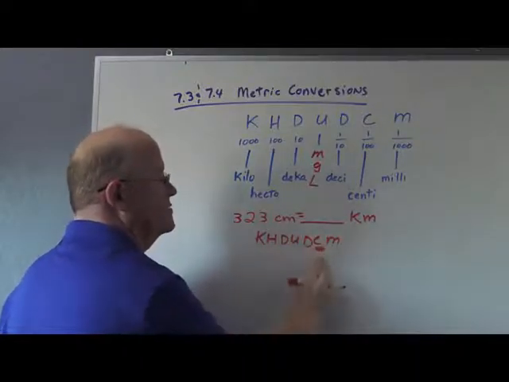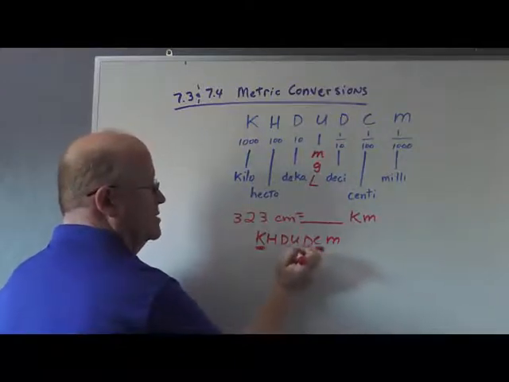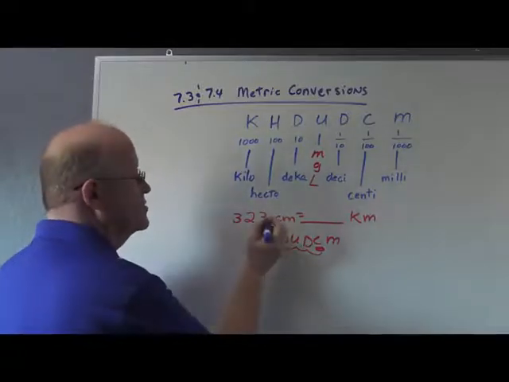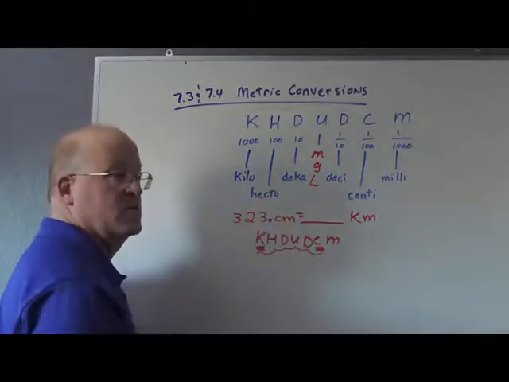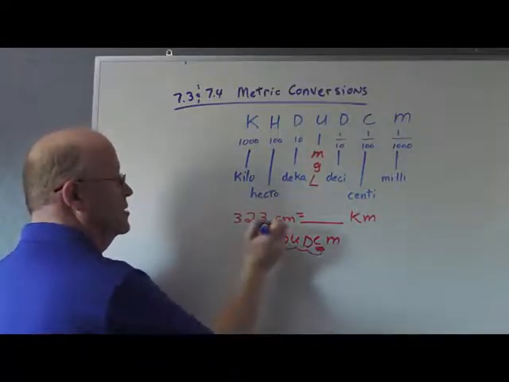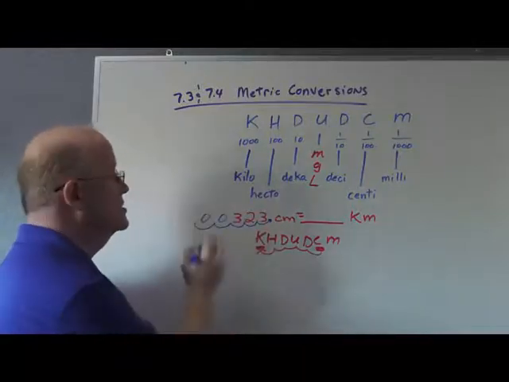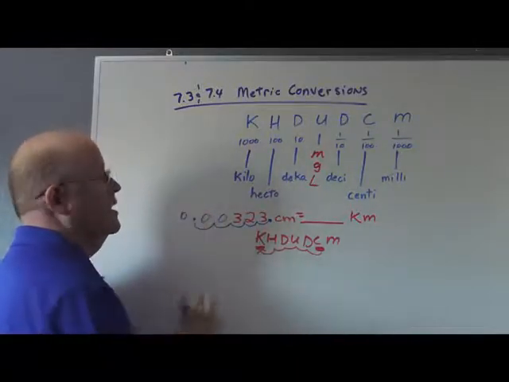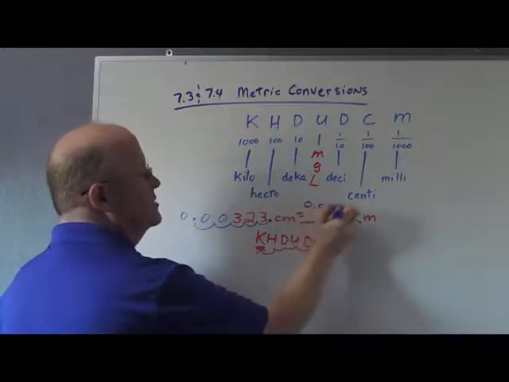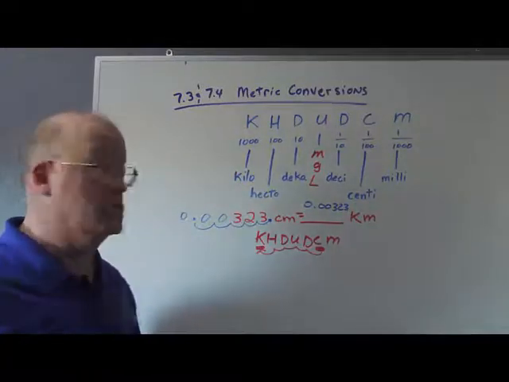Notice I'm going from centimeters over to the left to kilo, and I'm going 1, 2, 3, 4, 5 positions to the left. 323 has the decimal off to the right already, and I'm going to move it 5 positions to the left also. 1, 2, 3, 4, 5. Insert a couple of placeholder zeros, and the 0 and the decimal out front. And so this would be 0.00323 kilometers. It's that easy to do these conversions.